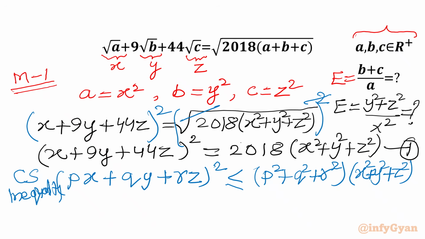Now we will put p equal to 1, q equal to 9 and r equal to 44.